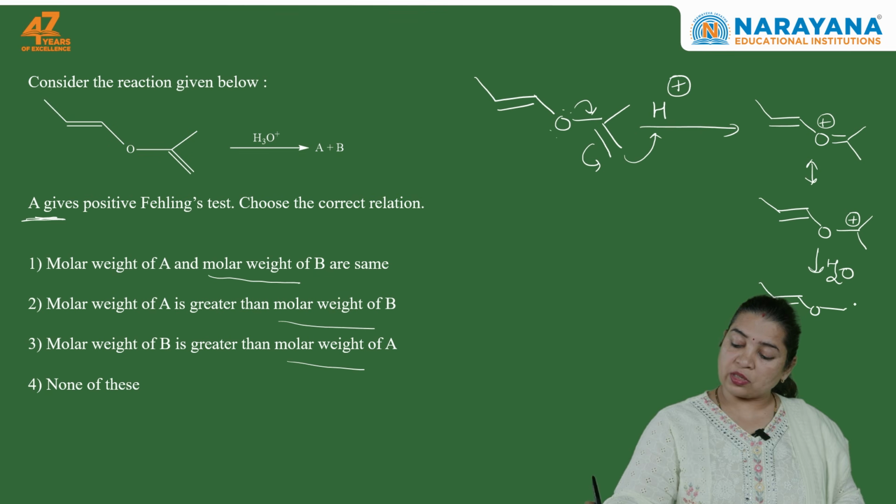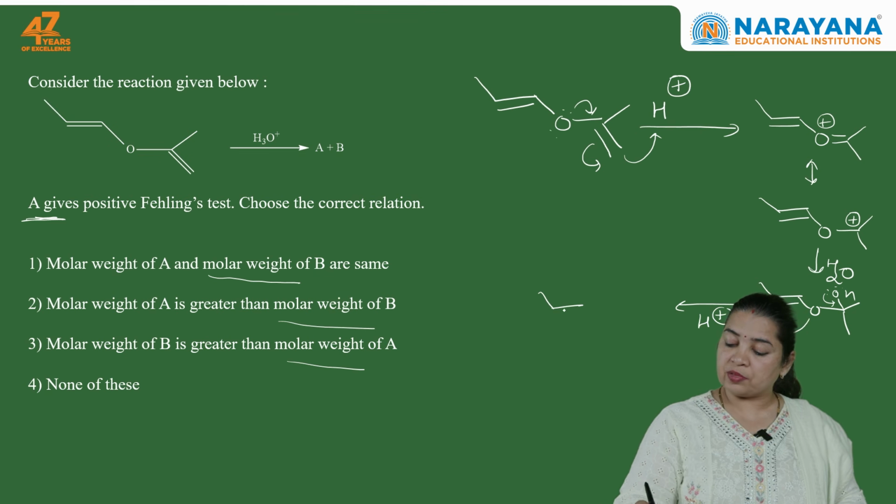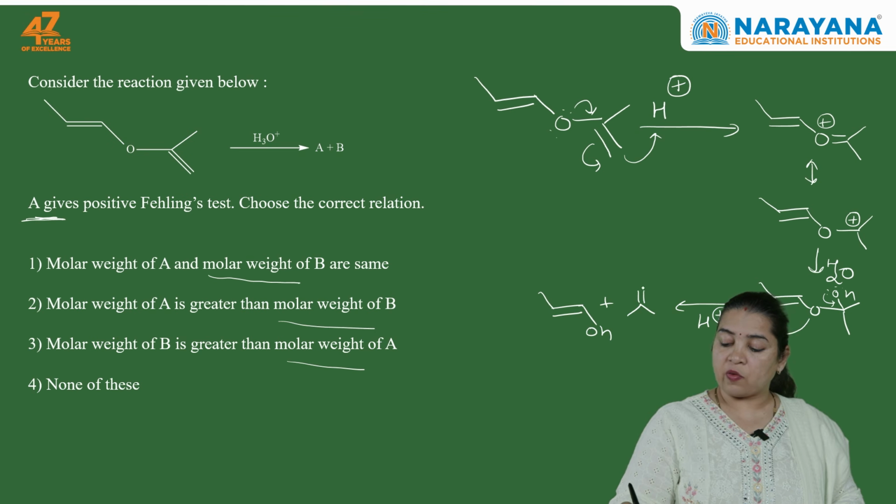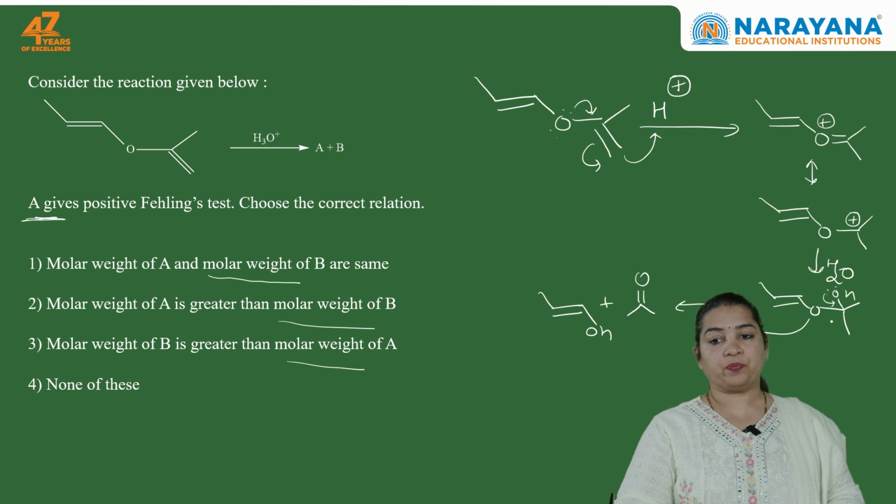You will have a structure which is a hemiacetal. Definitely this hemiacetal is unstable. In the medium, we already have H plus. Protonation will take place, and see here, I have already got acetone, right?